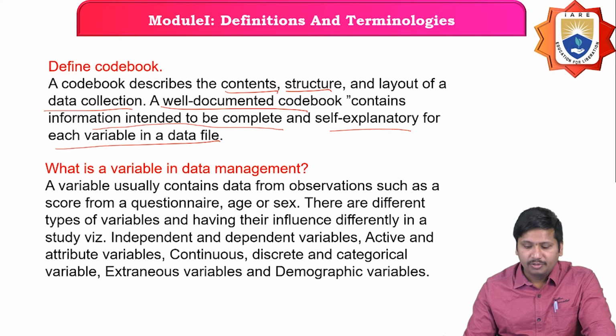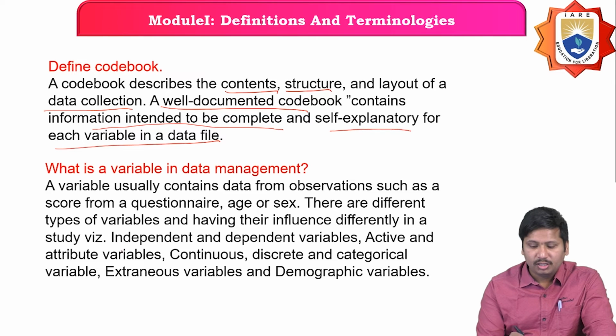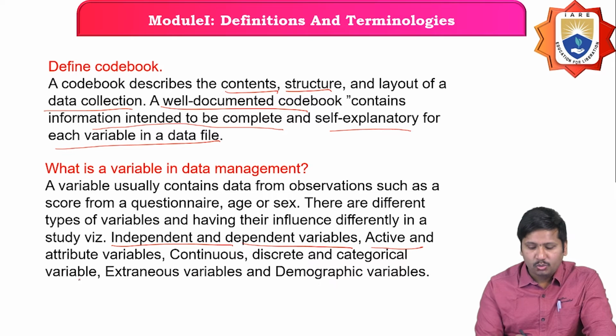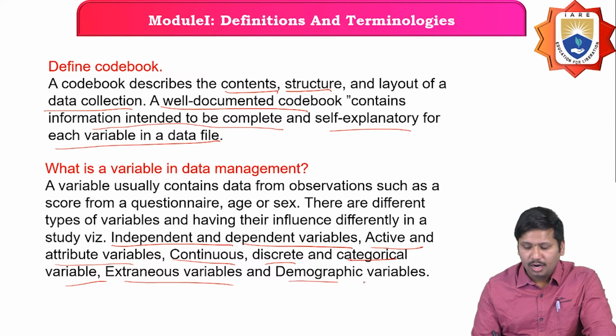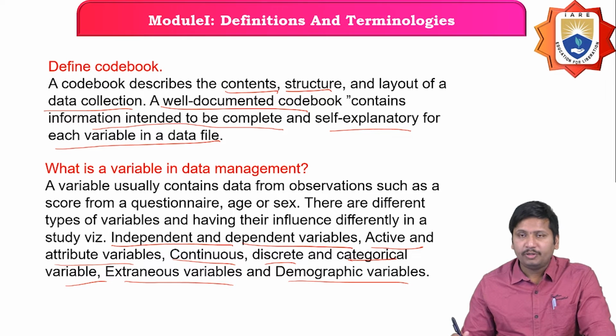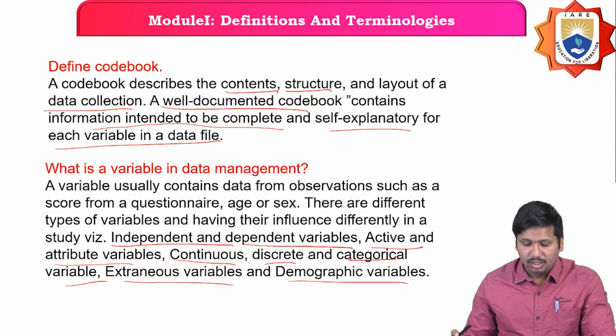There are different types of variables that have influence on the study: independent variables and dependent variables, active and attribute variables, continuous, discrete and categorical variables, extraneous variables, and demographic variables. These are some of the different types of variables that may come in the data management subject.